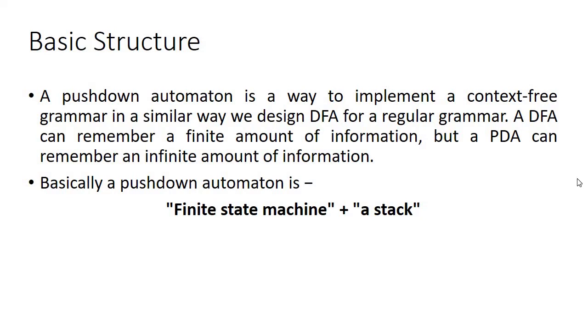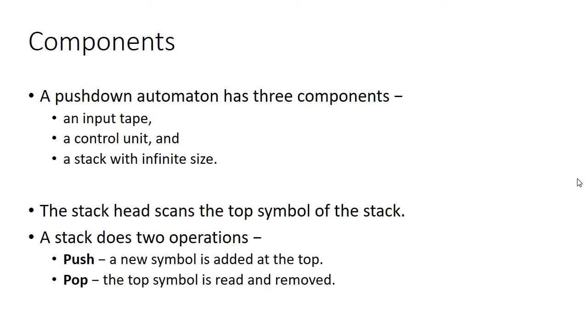So how can we build the components of any pushdown automaton? There are three components: the input tape that keeps the input string we need to validate, we need to put that string over the input tape.